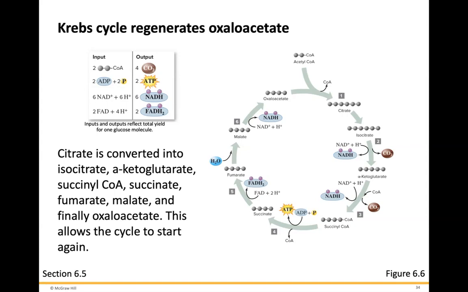And then finally, fumarate gets converted to malate, and then malate gets converted back to oxaloacetic acid, which is your primary step in the cycle here, and you produce an additional NADH molecule. And once you form the oxaloacetic acid, this will allow the cycle to start again.